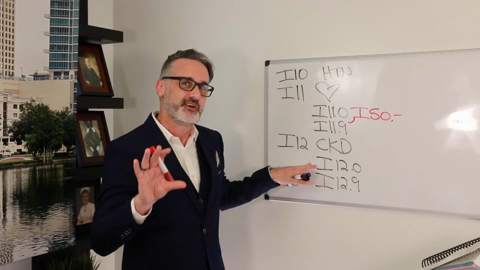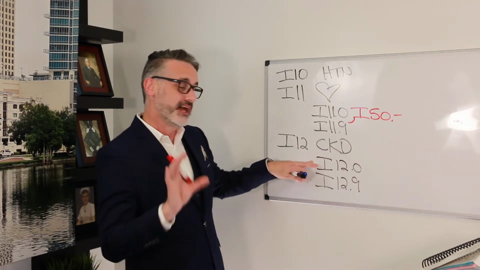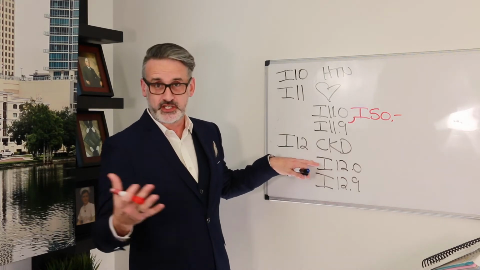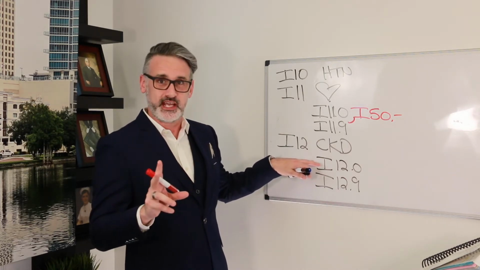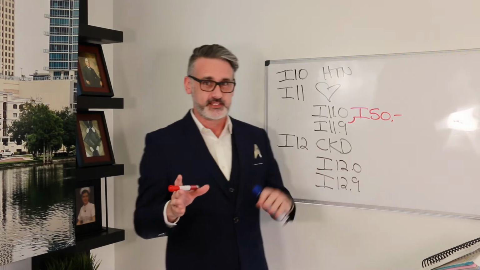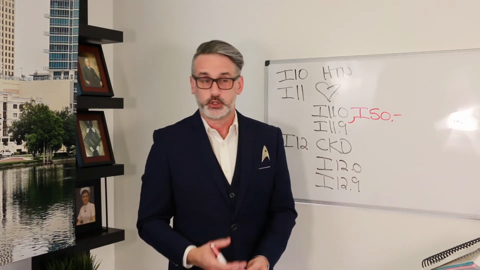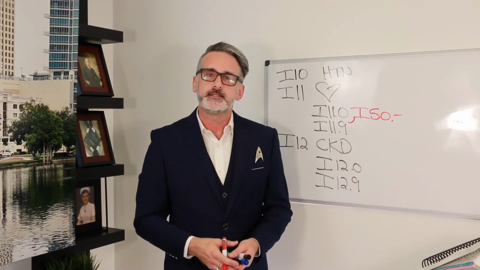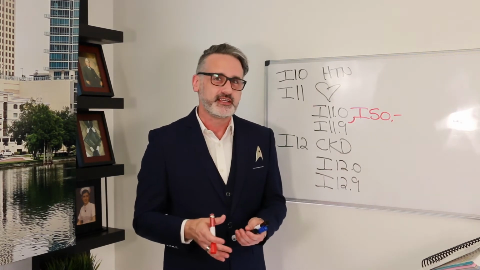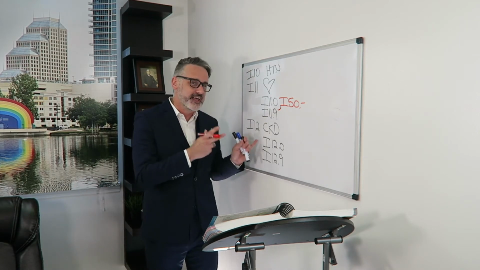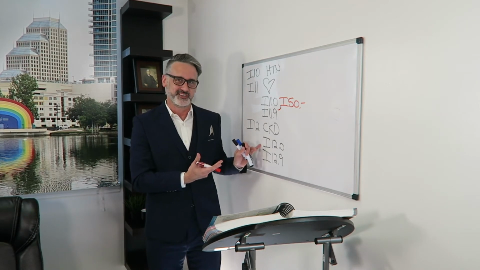But looking though as far as the descriptions, so I12.0, stage 5 CKD or ESRD, but we don't know which one yet. So think of that as, I don't know if you have kids yourselves, or maybe when you're a kid, or if nieces and nephews and whatnot, or grandkids. If you ever heard the phrase, I got a secret, I ain't gonna tell ya, that's what we get with the I12.0.